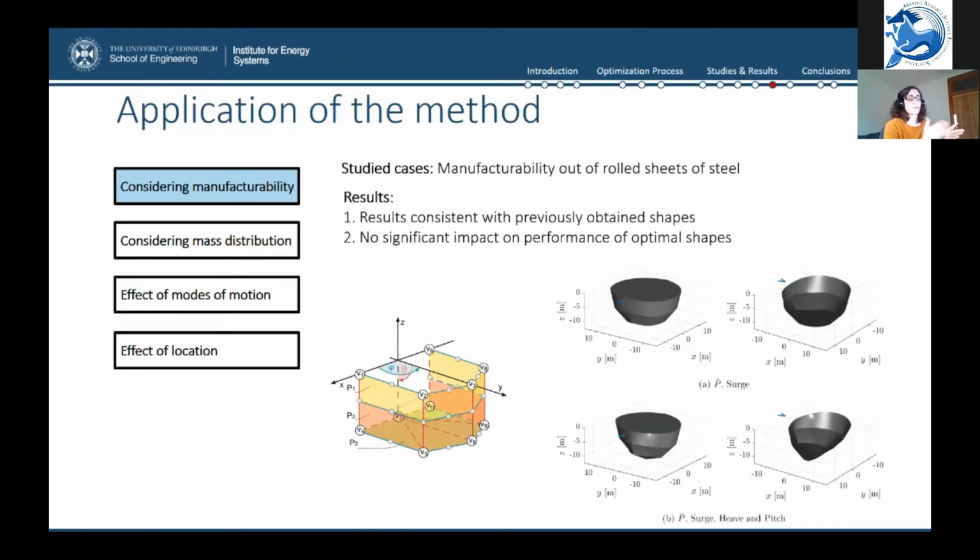So they didn't perform significantly worse because of having this shape definition out of rolled sheets of steel. And so what we can say is that this approach to generate optimal shapes that can be manufactured out of rolled sheets of steel does generate good results, and it's a suitable approach.